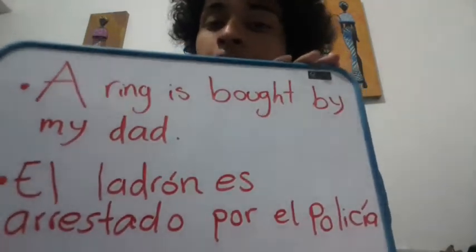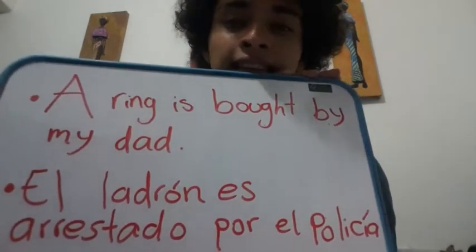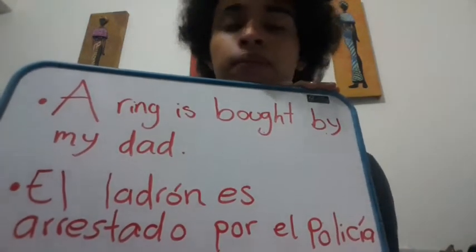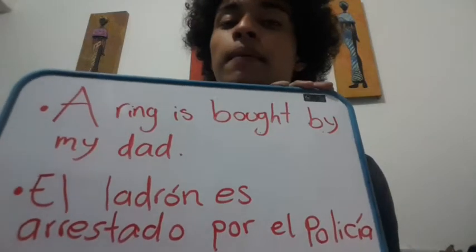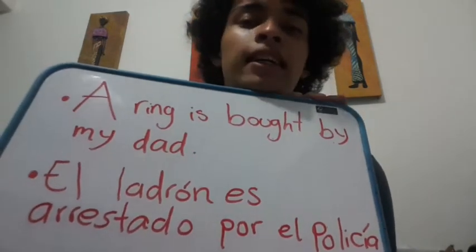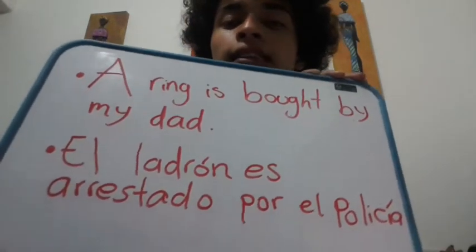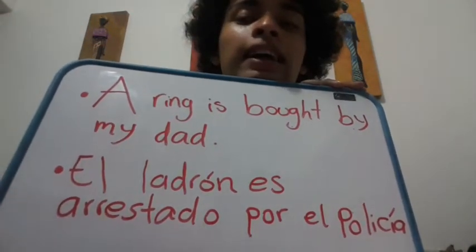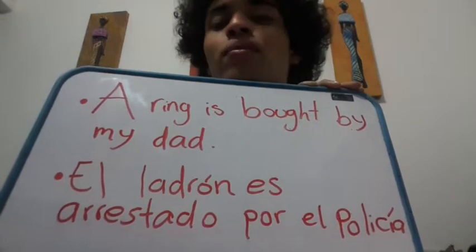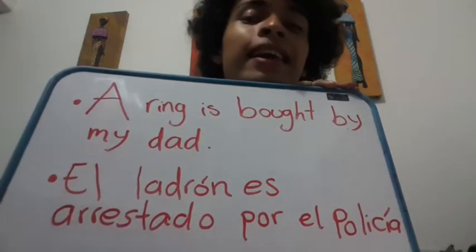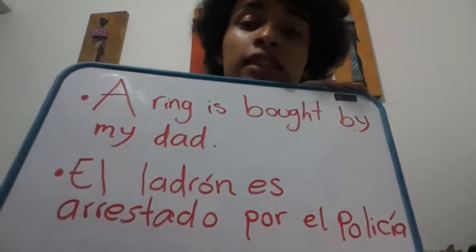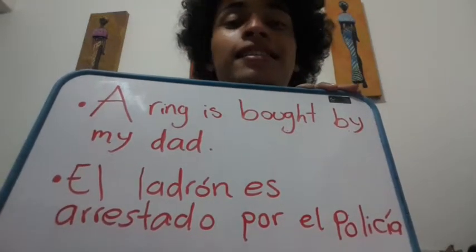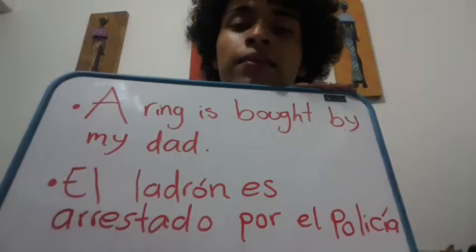A ring is bought by my dad. A ring is still the receiver of the action because my dad is the agent. And el ladrón es arrestado por el policía. El ladrón is the receiver, the patient, and el policía is the agent of the sentence.